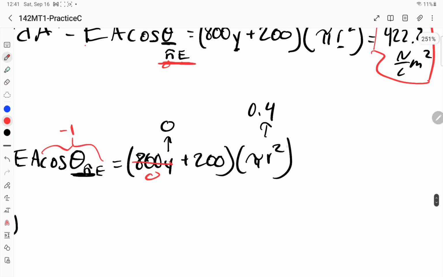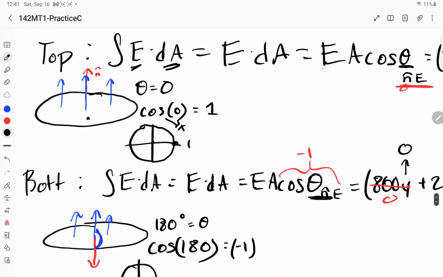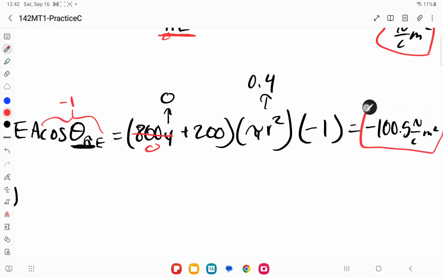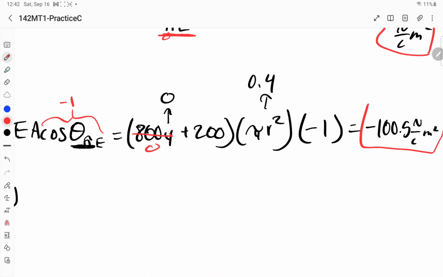So now we're just doing 200 times the area, and that will give us a quantity of flux through the bottom surface of, oh, I forgot to put that negative there. So that's negative 100.5 newtons per coulomb meter squared. And this is the flux through the bottom surface.